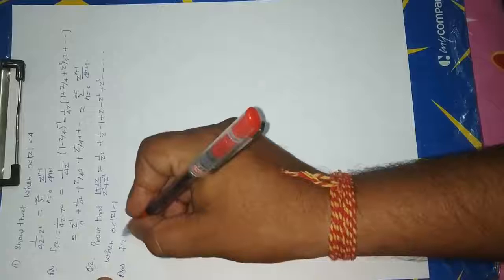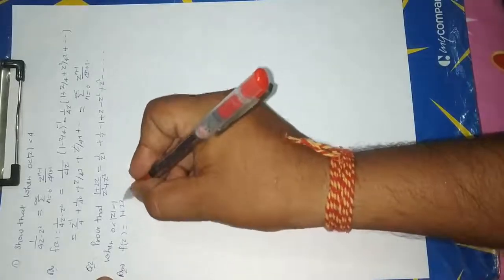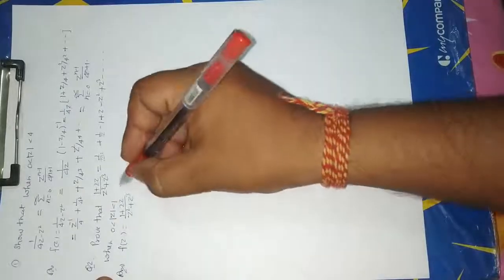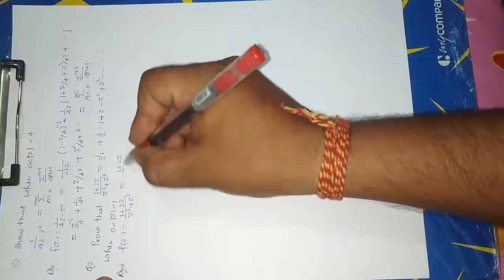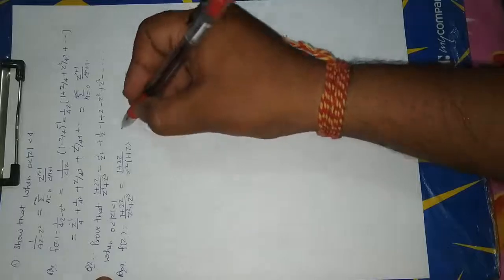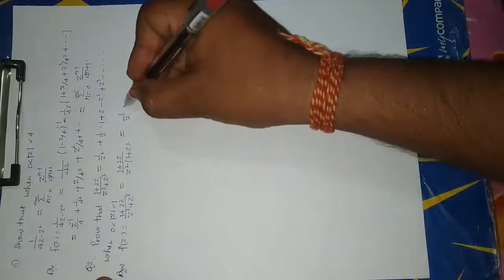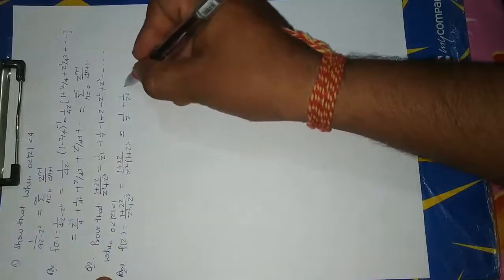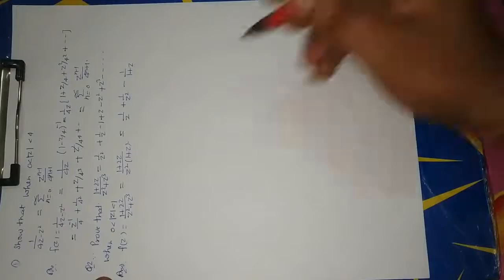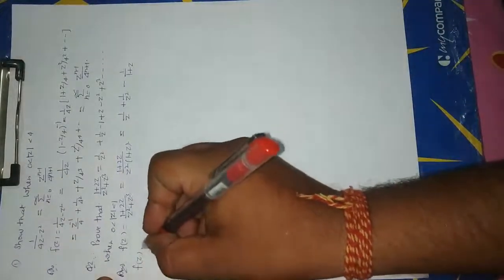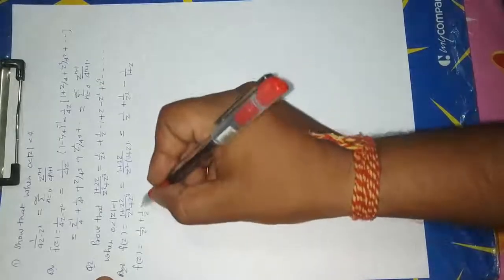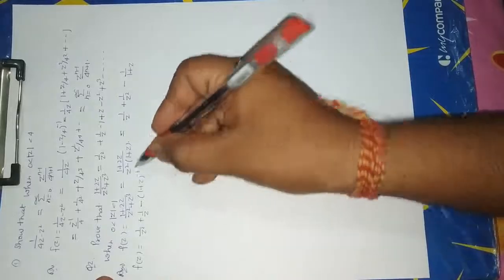Take f(z) equal 1 plus 2z upon z square plus z to the power 3. This is equal to 1 plus 2z, z square is common, (1 plus z). On partial fraction, 1 upon z plus 1 upon z square minus 1 upon 1 plus z. That is f(z) equals 1 upon z square plus 1 upon z minus (1 plus z) whole power minus 1.